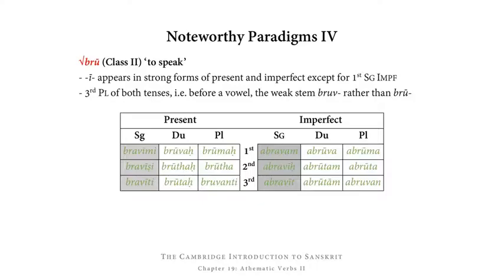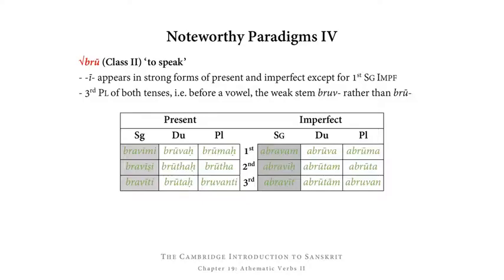Up next is brew, another class 2 verb meaning to speak. In brew we have the strong stem in the singular, the weak stem in the dual and plural. And in the strong forms, so in the singular forms, we furthermore have an E appearing after the stem and in front of the ending, everywhere except for the first singular of the imperfect.